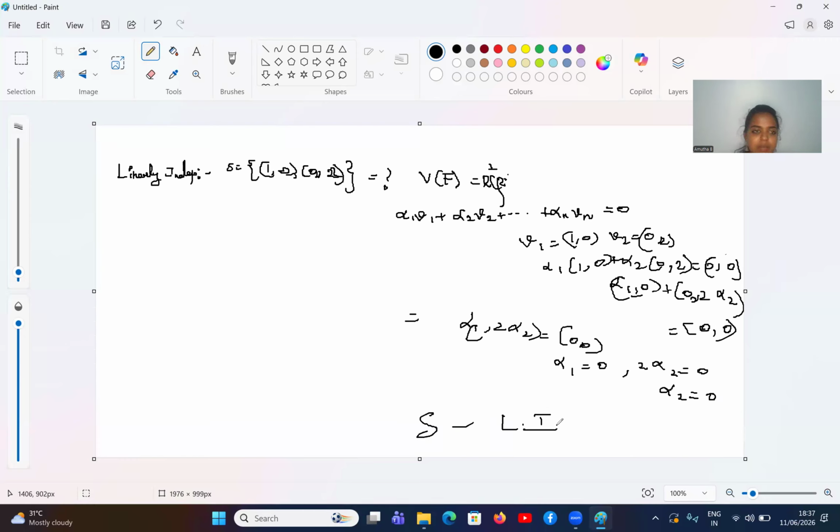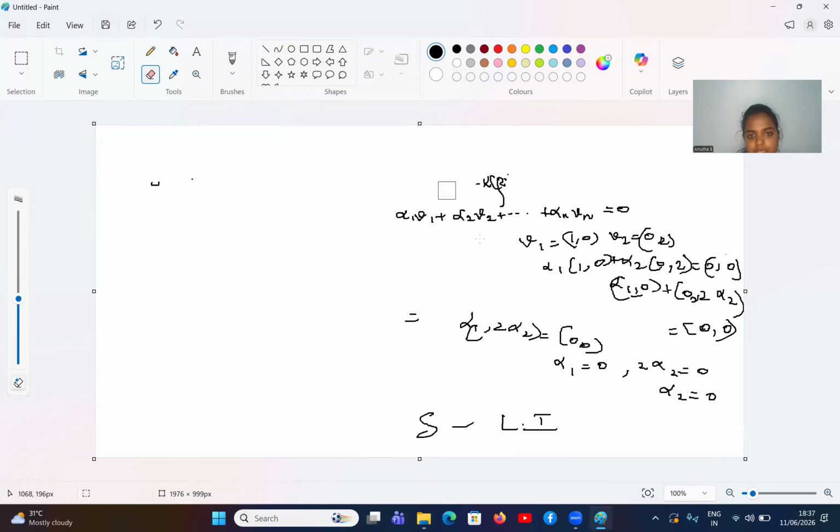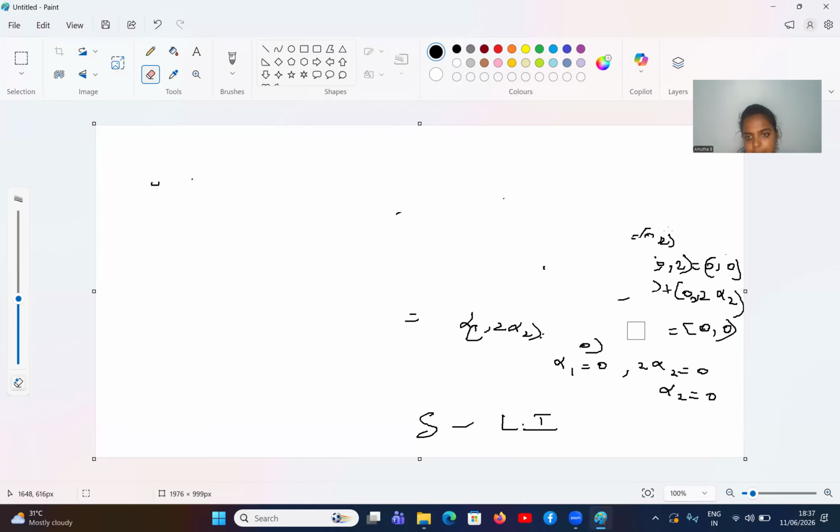So can you understand? So now the next concept is linear span. Okay, linear span. I'm going to give the same set. How can you find the linear span? That is my question.